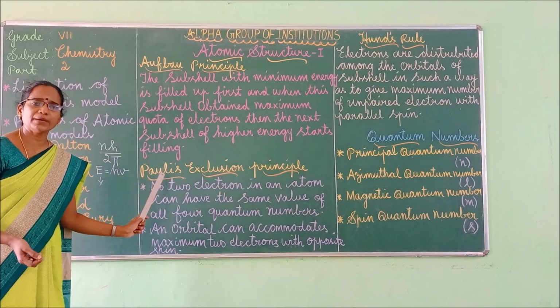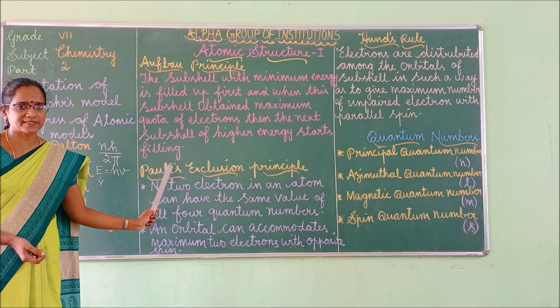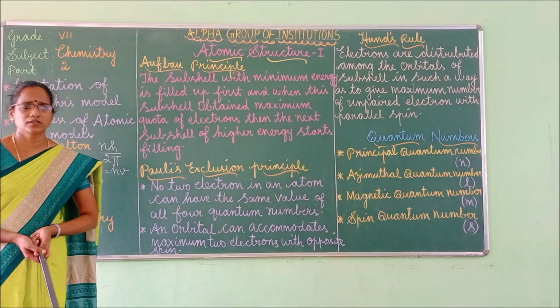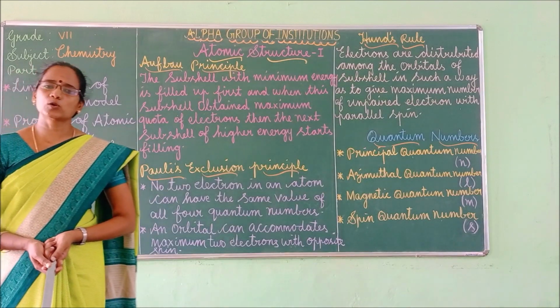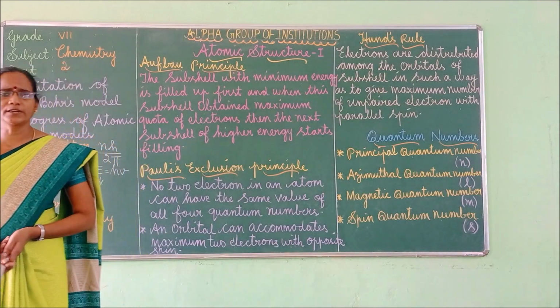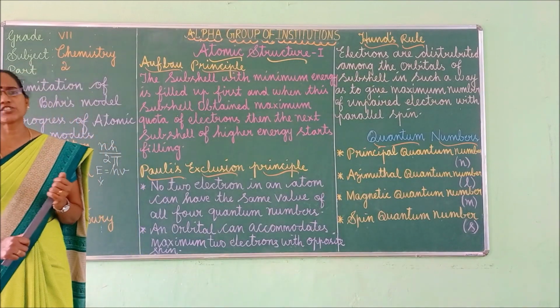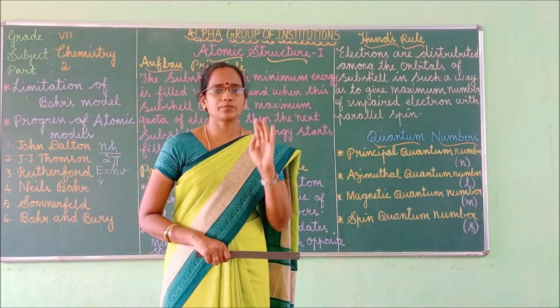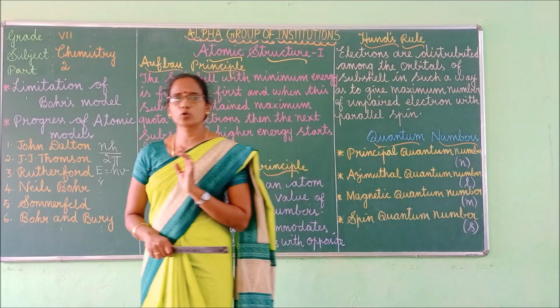Pauli was a famous Austrian physicist. So the Pauli exclusion principle states that no two electrons can have the same 4 quantum numbers. Already I told you about quantum numbers.